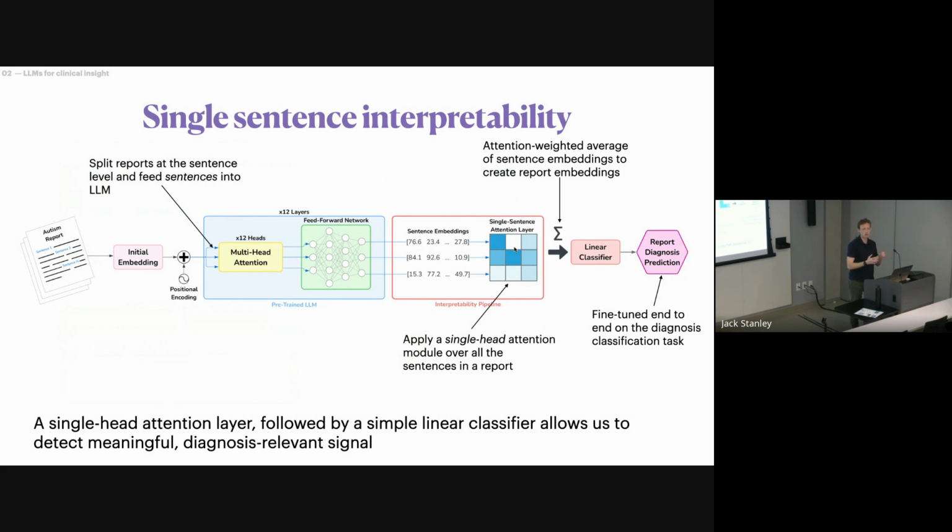And then based on the importance weights of the single head attention module, we did an attention-weighted average to create report embeddings, which were then classified with our simple linear classifier to fine-tune on the diagnosis classification task. Right? So this allows us really to capture much more meaningful and diagnosis-relevant signal that is ultimately human interpretable at the level of these sentence embeddings.